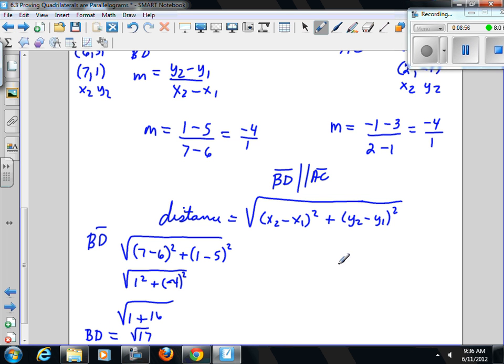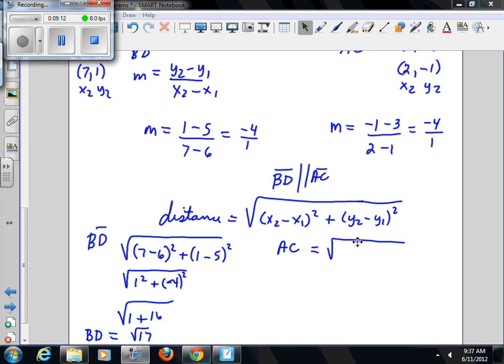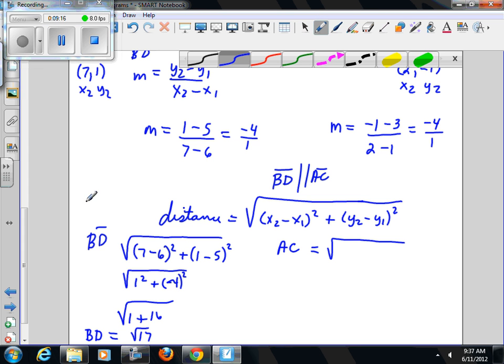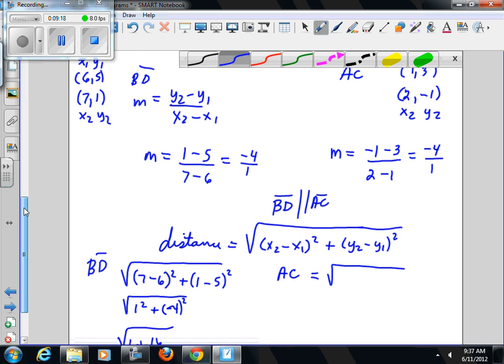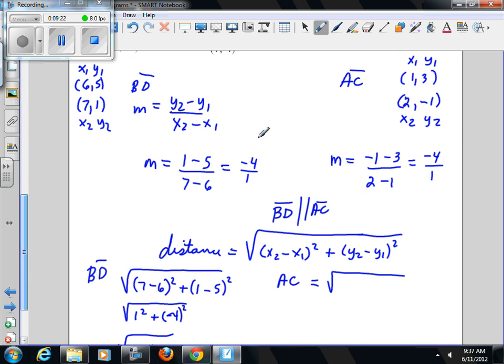Now let's do the same thing and find the length of AC. If we look at AC, our points are right up above here. x1, y1 is (1, 3), and x2, y2 is (2, -1).